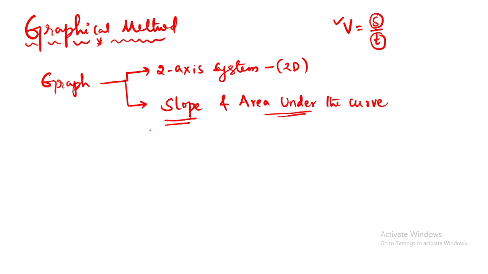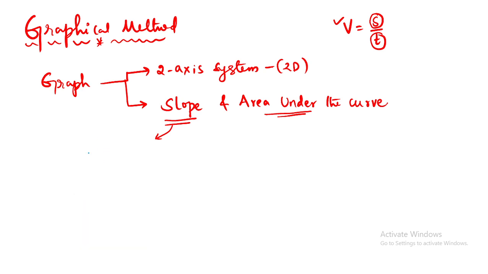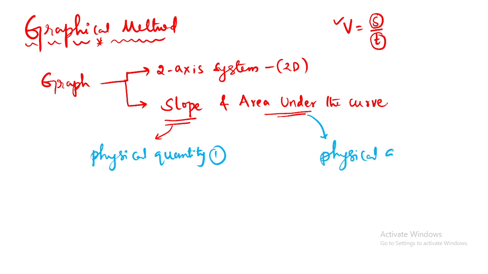Are you getting my point here? The slope of the curve will represent a different physical quantity, so here I can say it is physical quantity 1. What about the area under this one? It represents physical quantity 2.